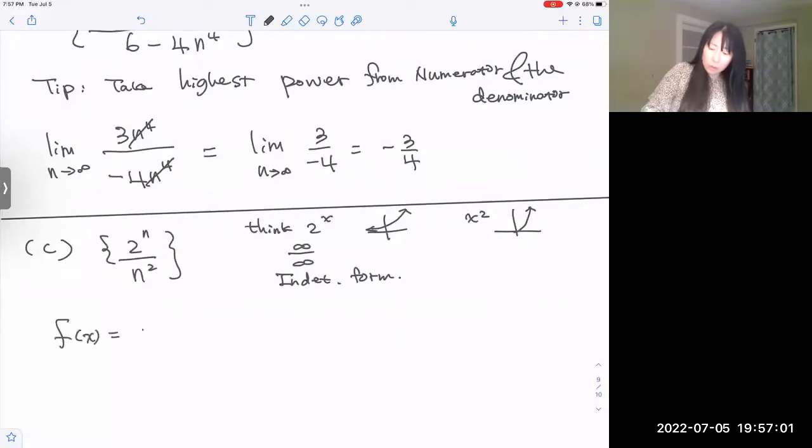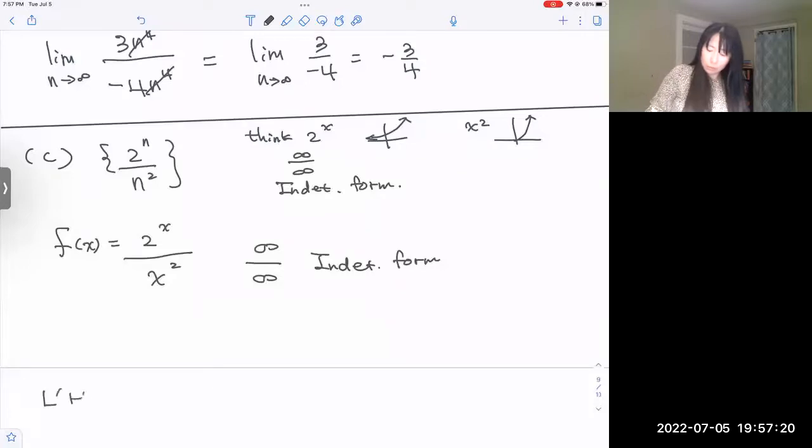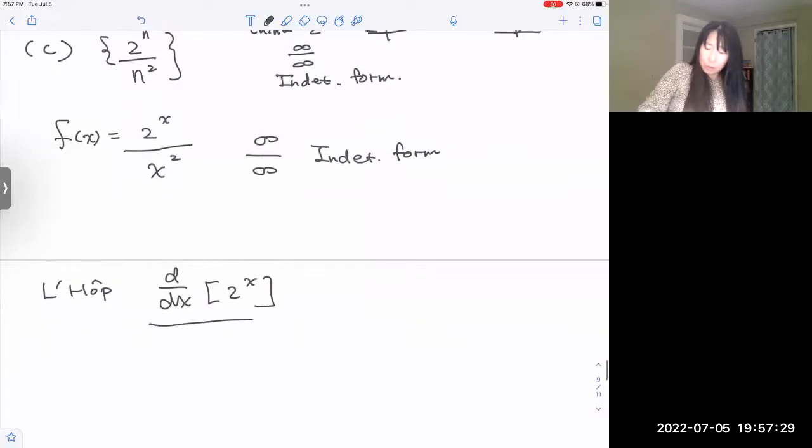F of x equals 2 to the x power over x to the second power, okay? Now, indeterminate form. We can use the L'Hopital rule, right? So that is the derivative of the numerator and denominator separately, respectively.